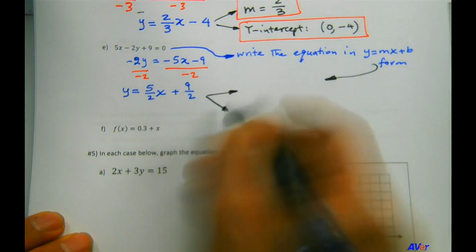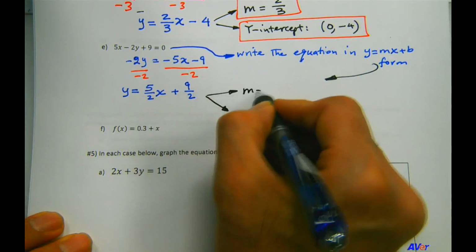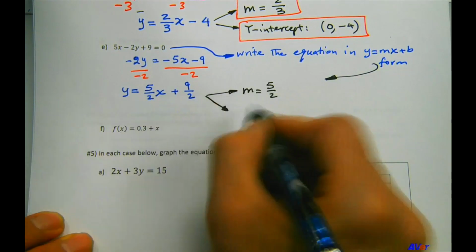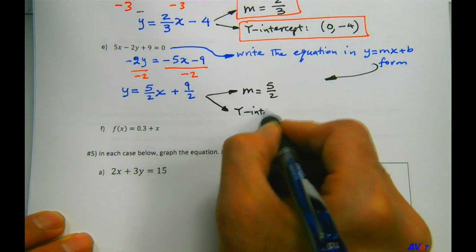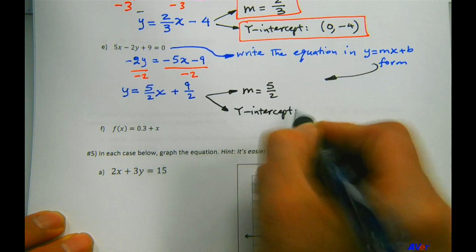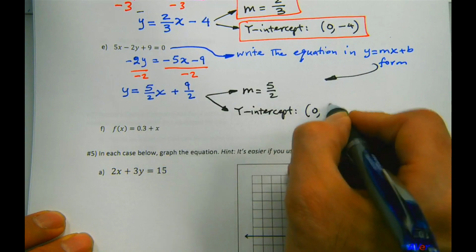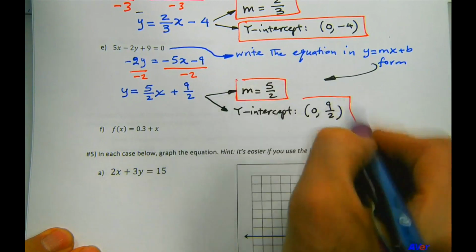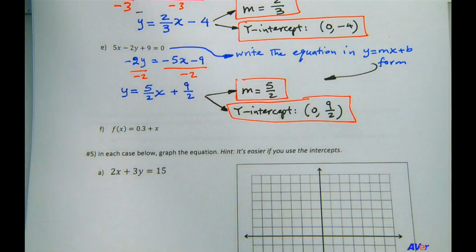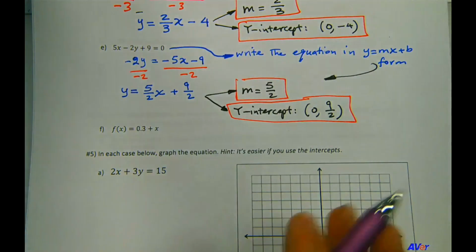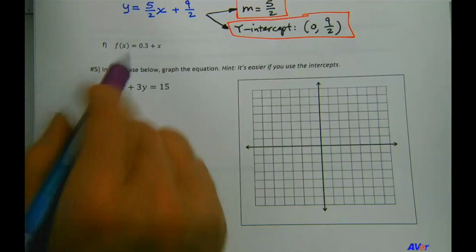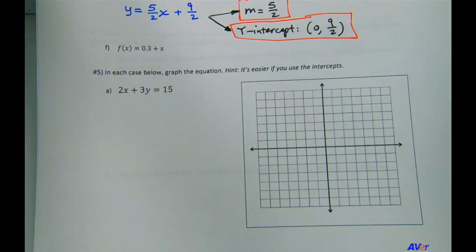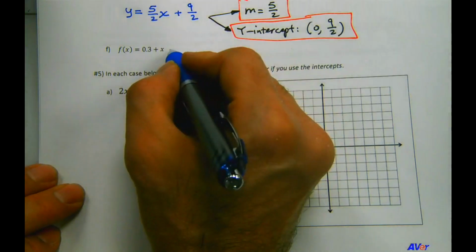Those two quantities are: slope is 5/2, right there, and the y-intercept is equal to (0, 9/2). Like that. Okay, making sense? I hope so. So this last equation here, we have 0.3 plus x. That's already written in y equals mx plus b form, right?